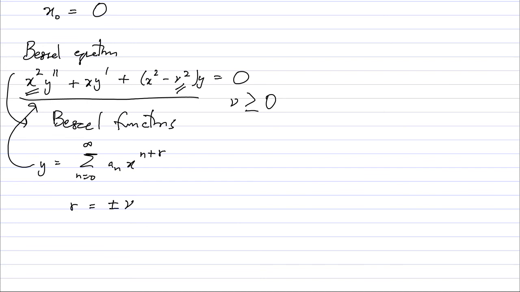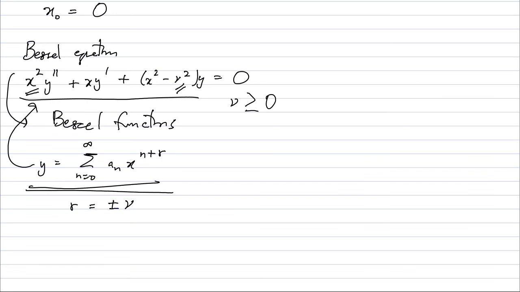If nu is not an integer, for example 2 by 5, then you have minus 2 by 5 as the two roots. The difference between them is not an integer, so you are guaranteed that both solutions will be of this form.